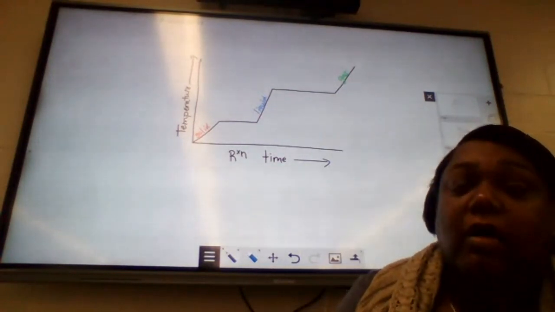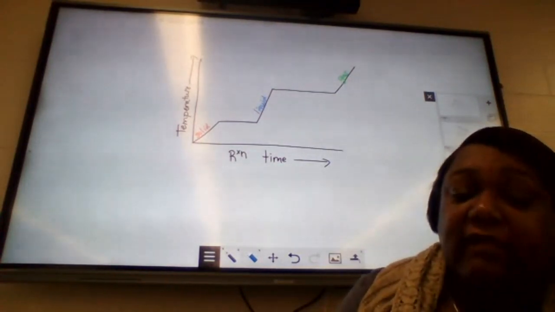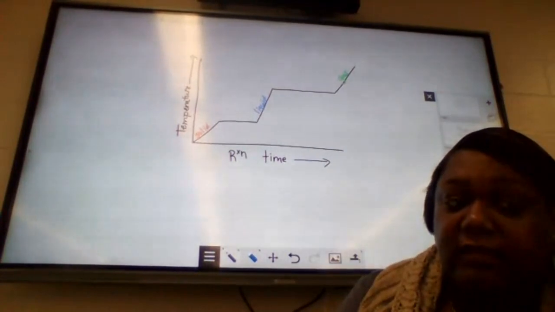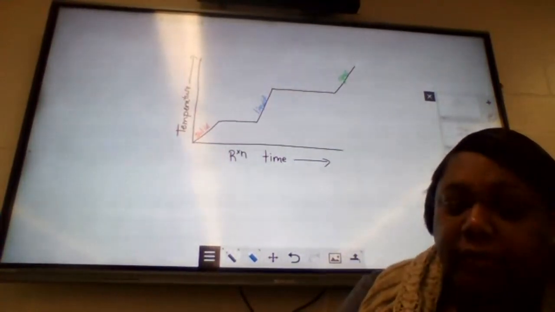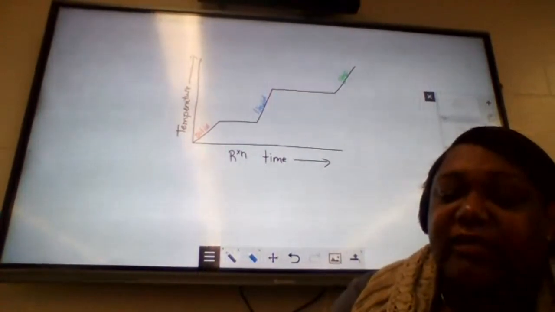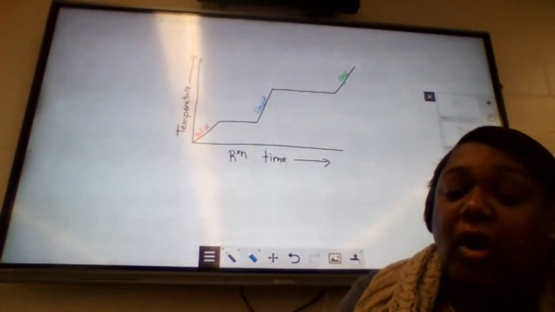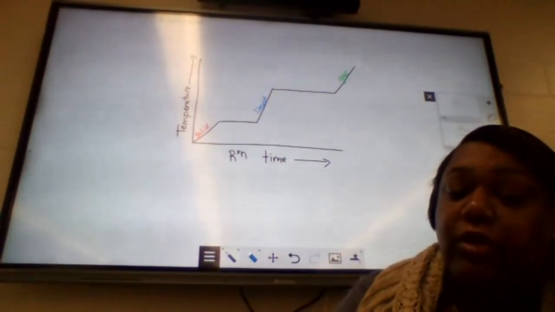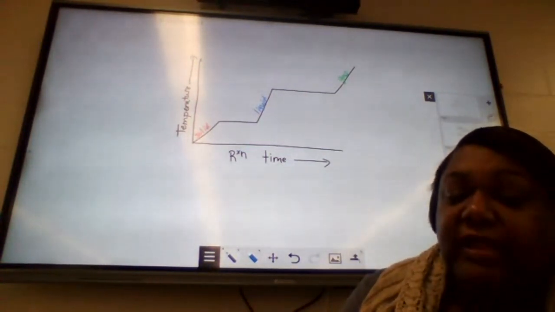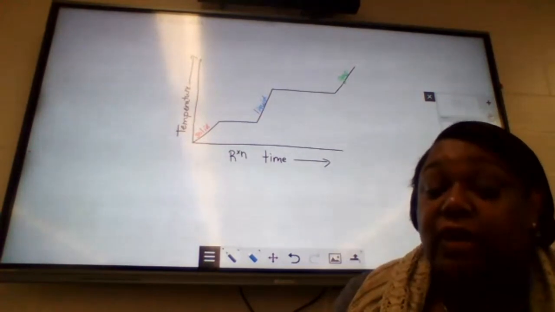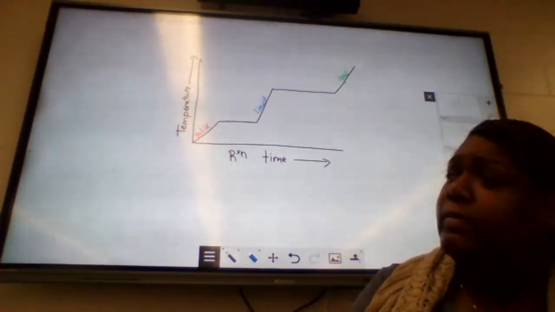So if we're talking about water at 0 degrees Celsius, that's where solid water becomes liquid water. After 0 degrees Celsius, your liquid water can change temperature, but at that position where you're changing from solid to liquid, there is no change in the temperature.